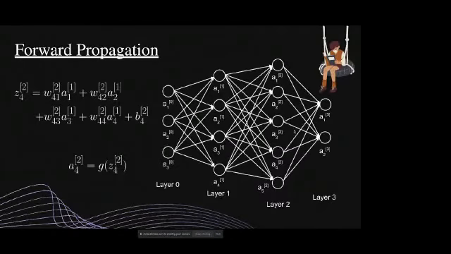So M in our case is 4, and it's coming from the first neuron in layer L minus 1. So the connection's weight is multiplied by the output of this neuron A1 of layer 1. So this is the first portion.